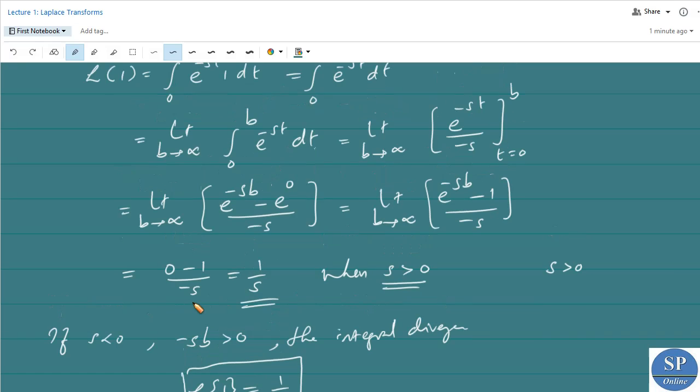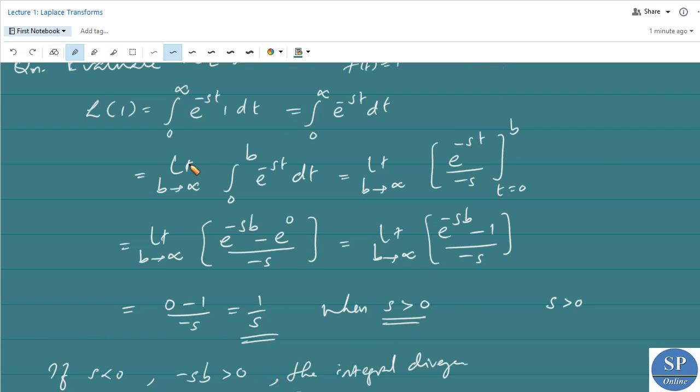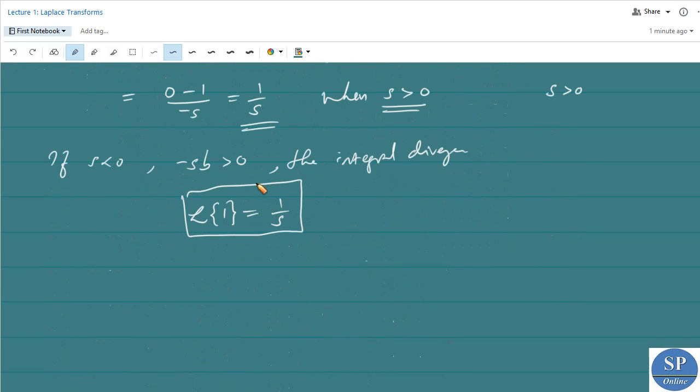So here we used this limit to find the improper integral. For convenience, we can do it like this. L of 1 is equal to integral 0 to infinity e to the power minus st into 1 dt, which is equal to, we can directly integrate, keeping the limits as 0 and infinity for convenience. So we can write e power minus st divided by minus s from t equal to 0 to infinity.